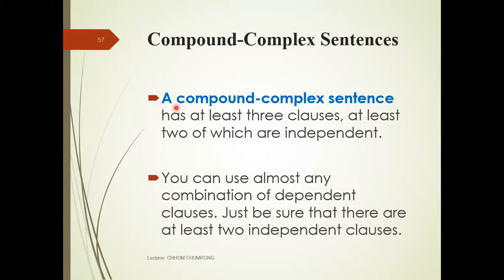When we have one IC plus one or more DC, we call it complex. If two IC plus one or more DC, we call it compound complex sentence. That's why you have to be careful about what they call DC and what they call IC.